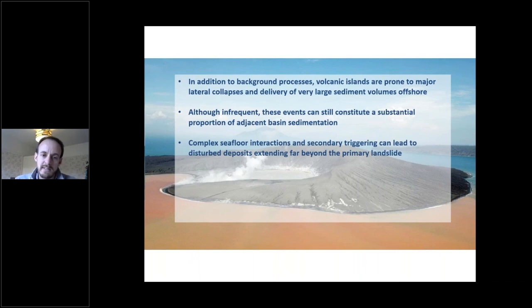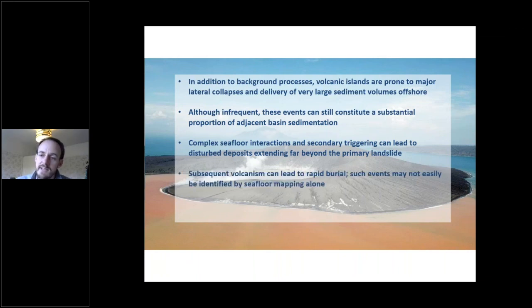What we see when we look at these is evidence of complex seafloor interactions. So the volume of the deposit is not a simple reflection of the volume of the primary collapse, and that's because these collapses trigger secondary flows, secondary deformation of the seabed that can extend in some cases for many tens of kilometers beyond the island site.